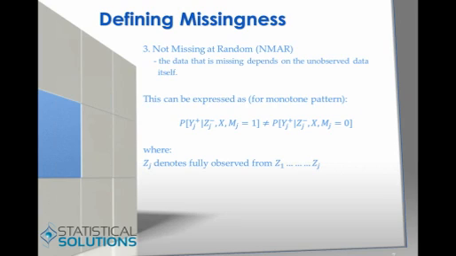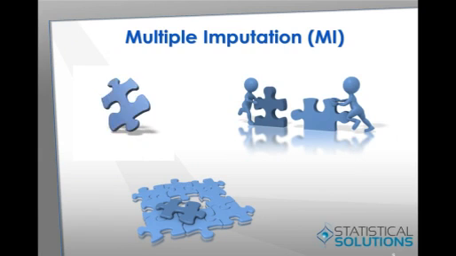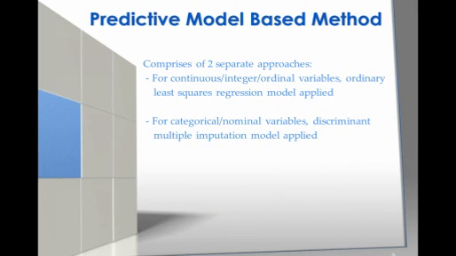So now that we've defined our missing data pattern and our missingness, we can look at our actual model. This is one of many multiple imputation models, called the predictive model-based method. As you can guess, it incorporates a predictive model of some sort.